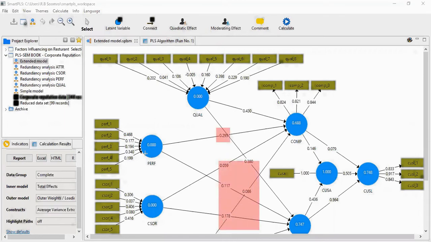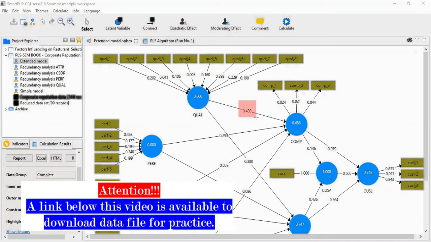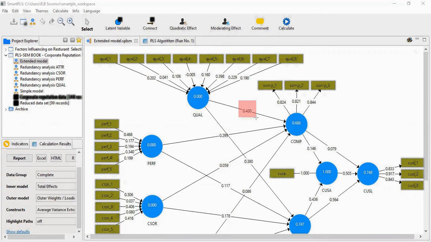Now we want to check the impact of performance on COMP, and the impact of quality on this one. The biggest path among all the paths is here, probably 0.430. Another one is CUSA, which has an impact of 0.505.